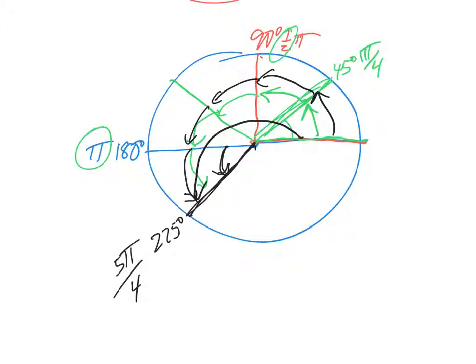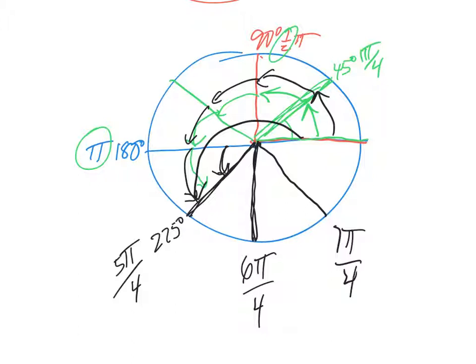How about this spot here? What would that be? 6 pi over 4. Just do it that way. And yes, it can reduce, but it's a great way to do it. And then what's this spot? 7 pi over 4. And then if I got all the way back to the beginning, would you agree that would be the same as 8 pi over 4? Also known as 2 pi.